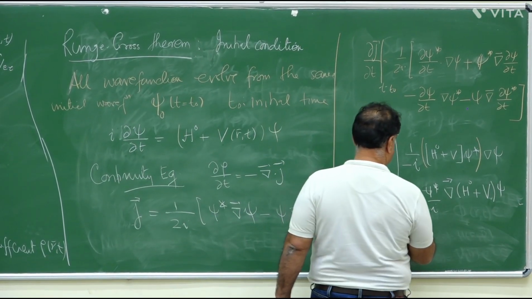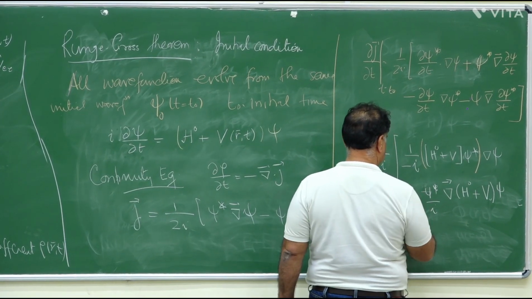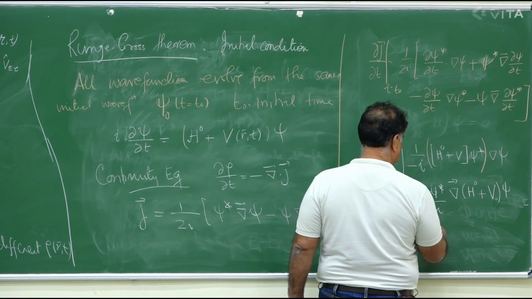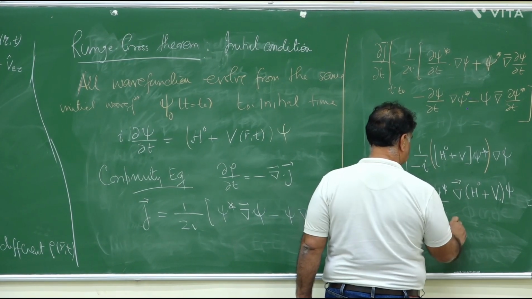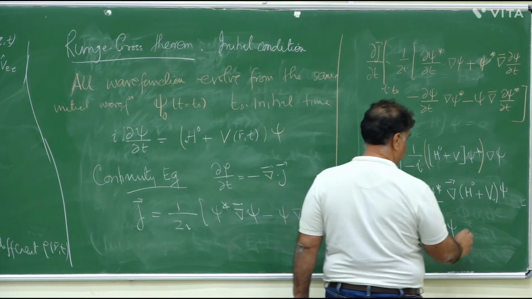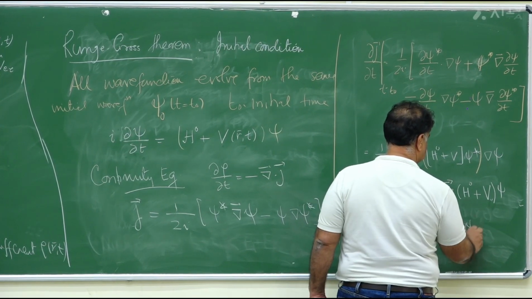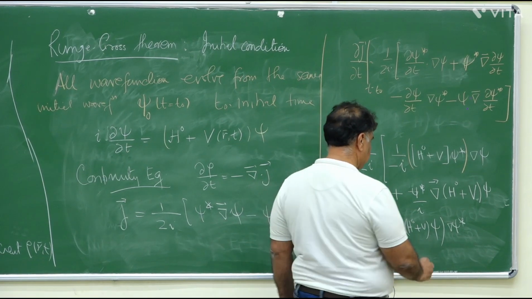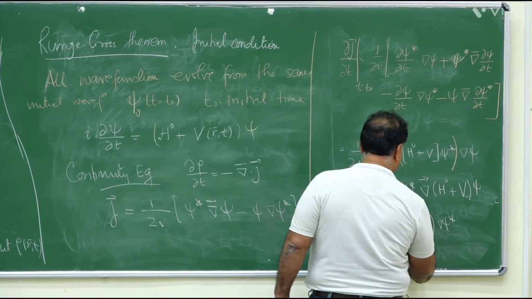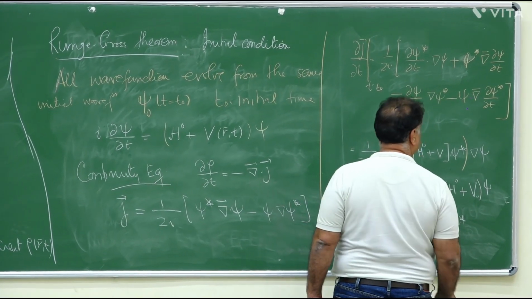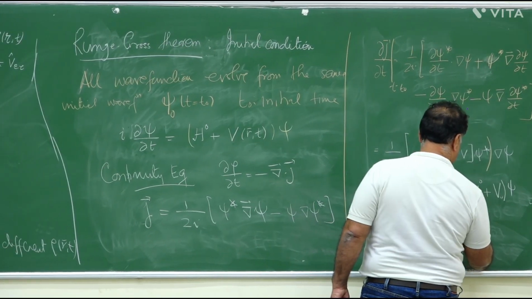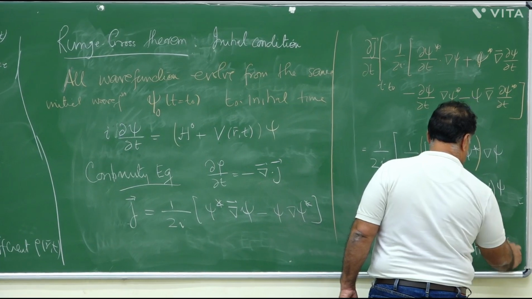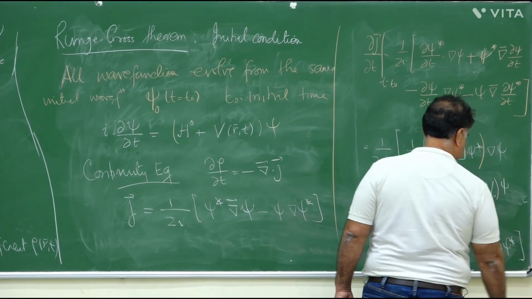Minus 1 over i psi, minus 1 over i H0 plus V psi multiplied by grad psi star, right? Minus minus plus 1 over i psi grad of H0 plus V acting on psi star.